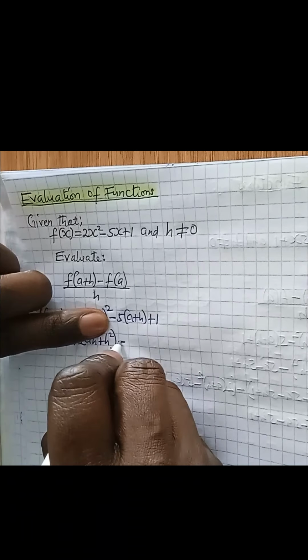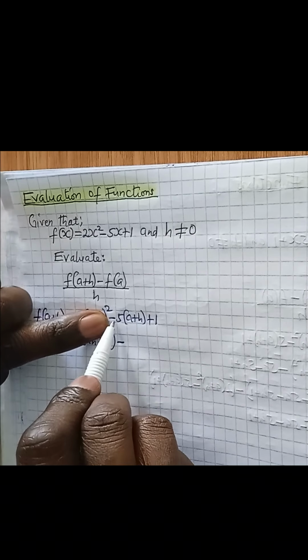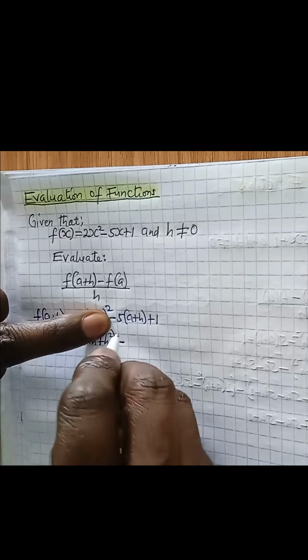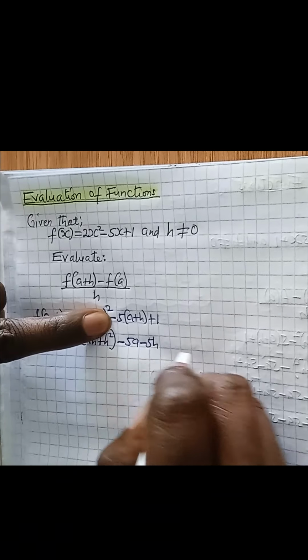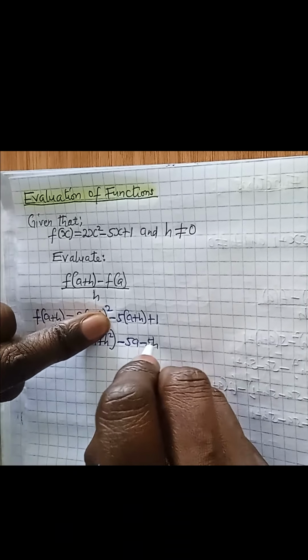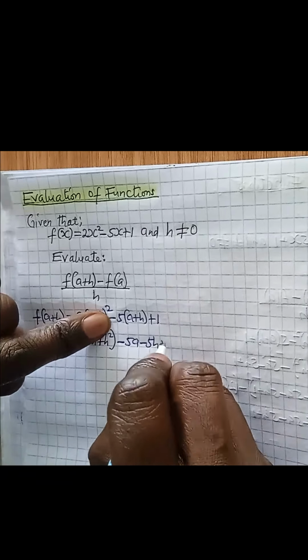For our case here is 2. Then we subtract, that is 5 times a will be minus 5a. Then we say minus 5 times h, it will be minus 5h. We are done with that one. Then we say plus 1 like this. We go further to simplify this one.